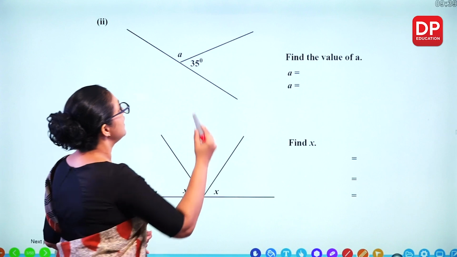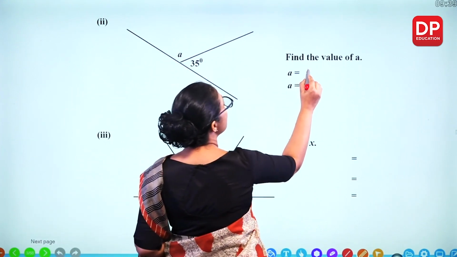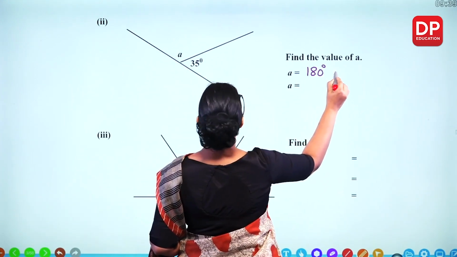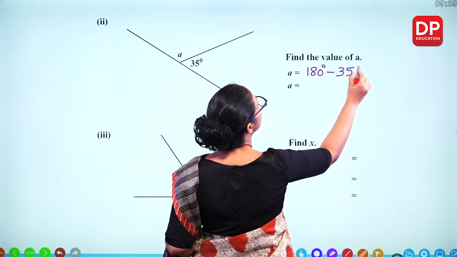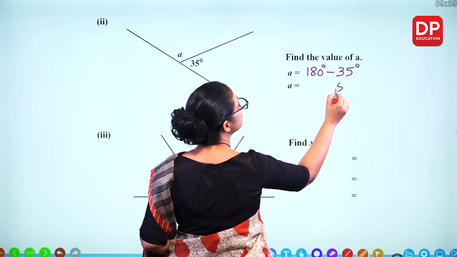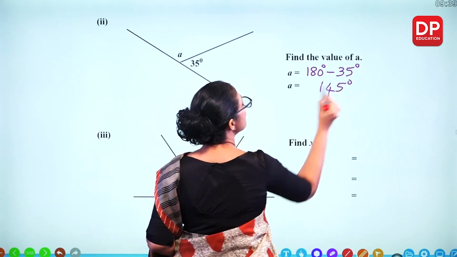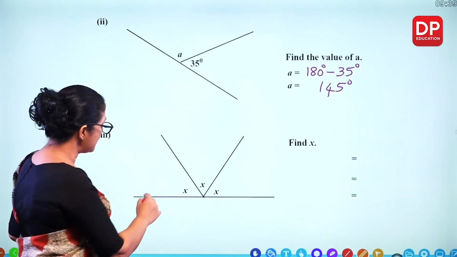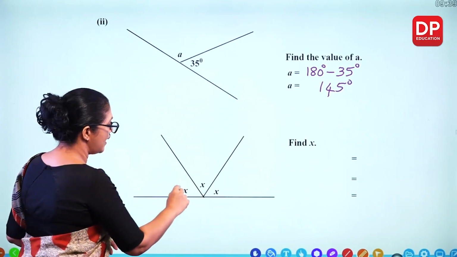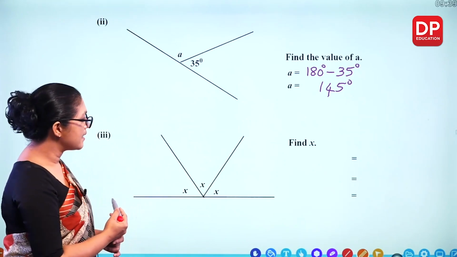Find A. A equals 180 minus 35. So what's the value? 145.